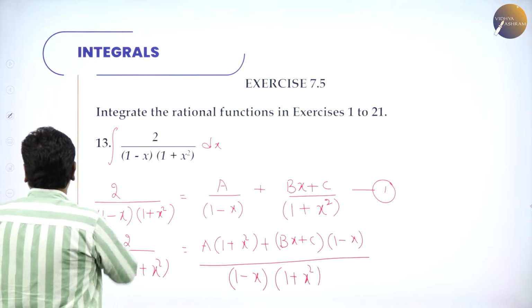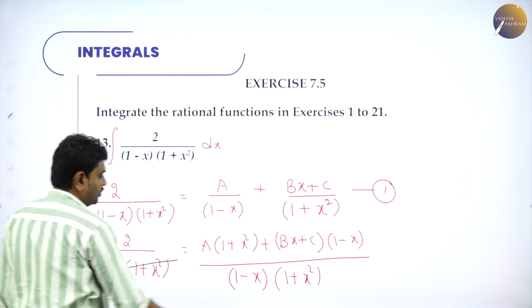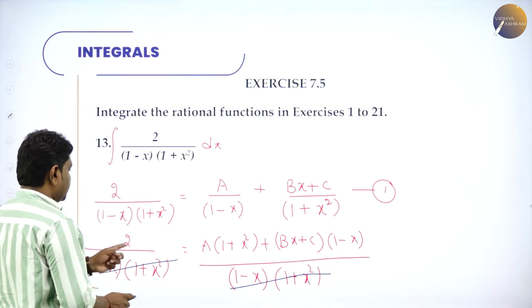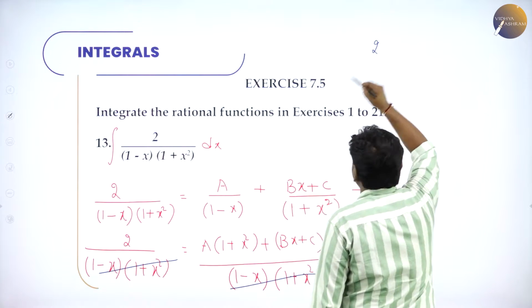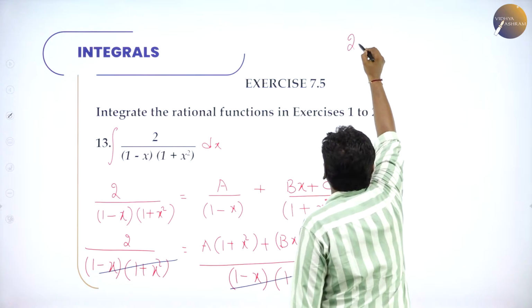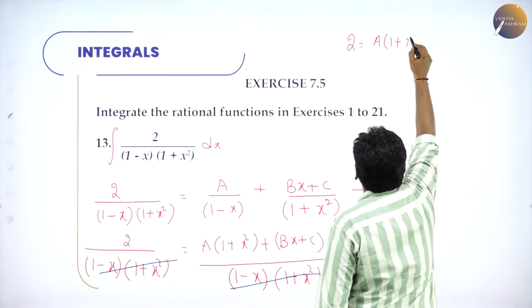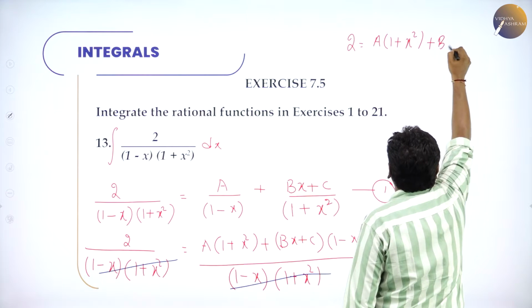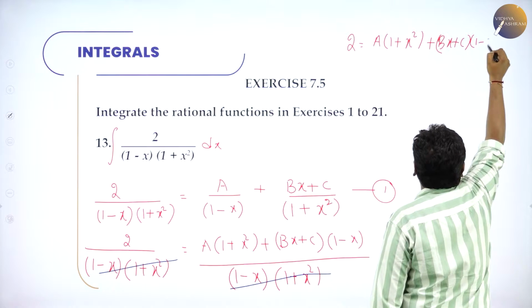So now you can cancel the denominators, and we call this as equation 2. So we have now 2 is equal to a into 1 plus x square plus bx plus c into 1 minus x. We call it as equation 2.